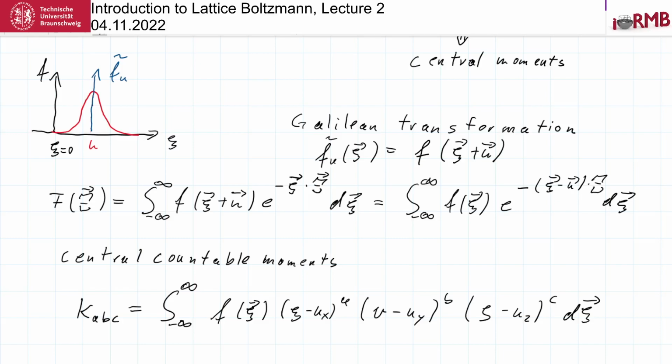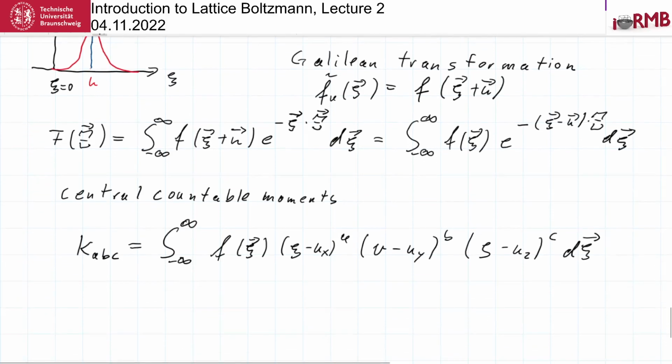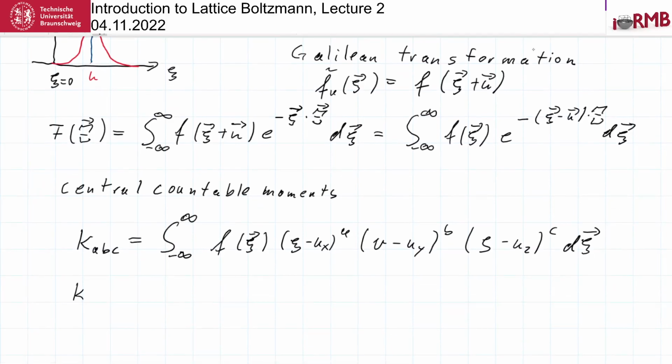You can shift them to any other frame of reference, but we have chosen a specific frame of reference, namely the one that is centered. And because it is centered, this leads to the following definition. ux, uy, and uz are defined such that k100 is 0.